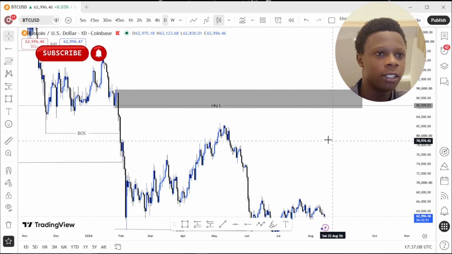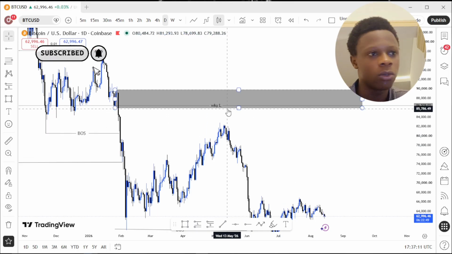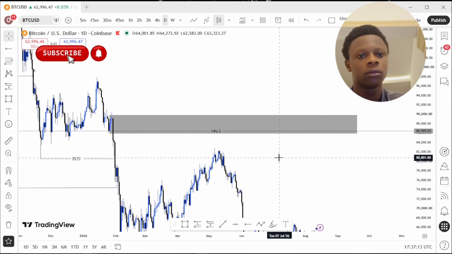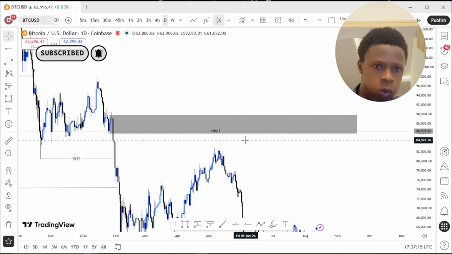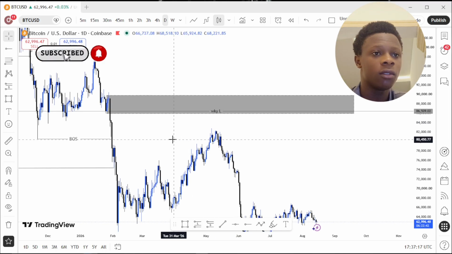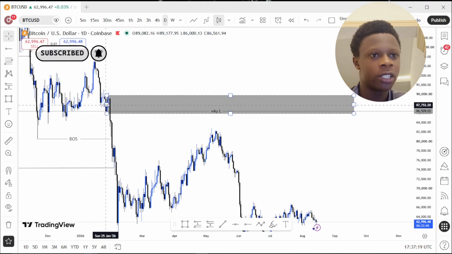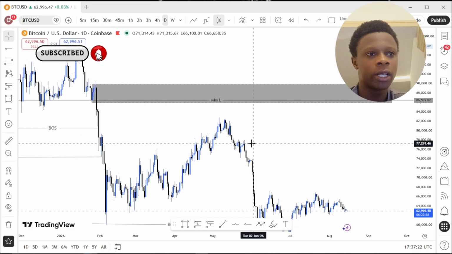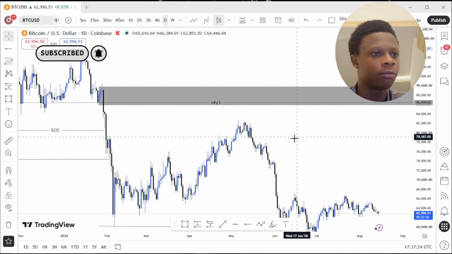So on the daily now it's currently looking as an order block. So on the daily now it's representing as an order block, while on the weekly it's representing a key level, right?